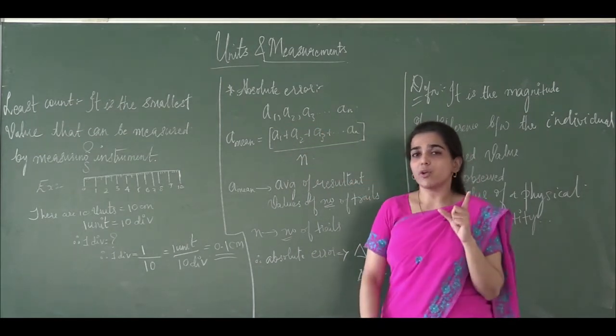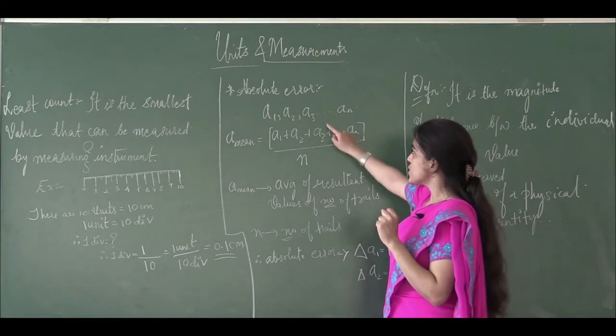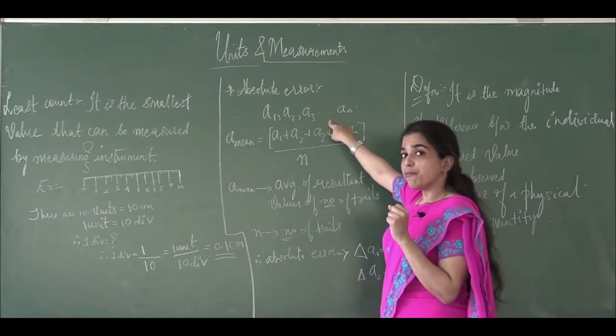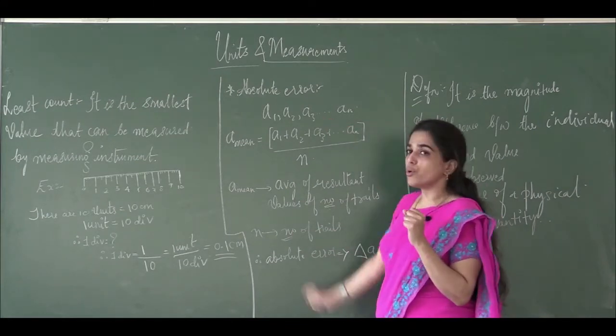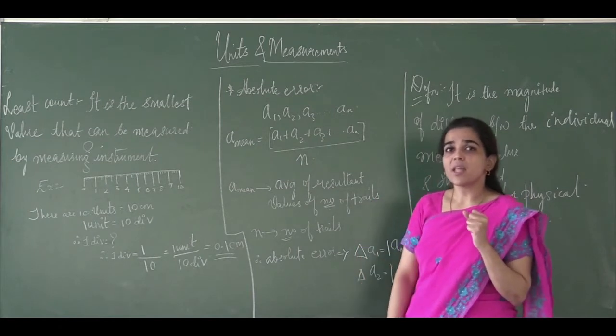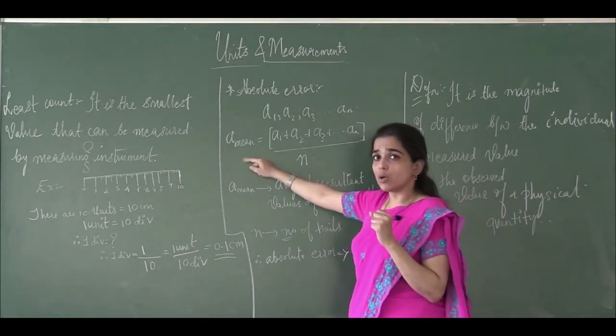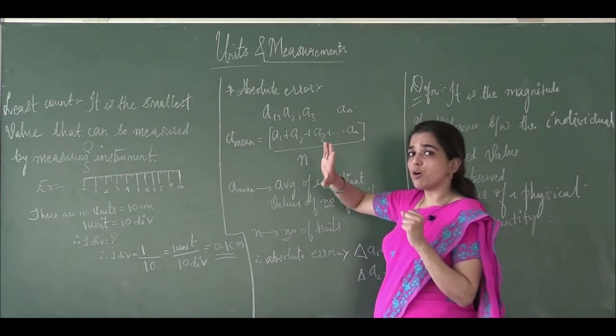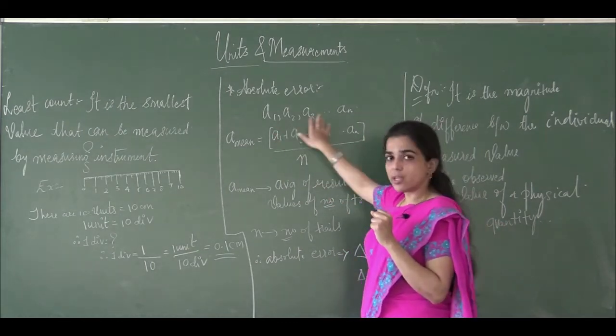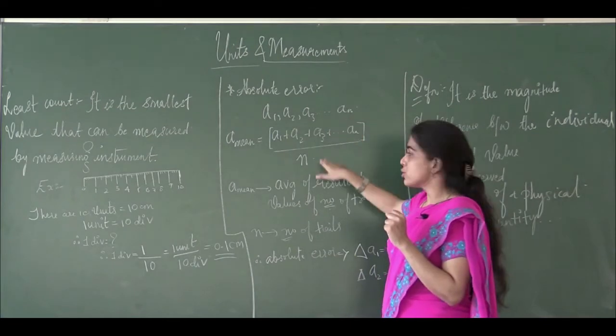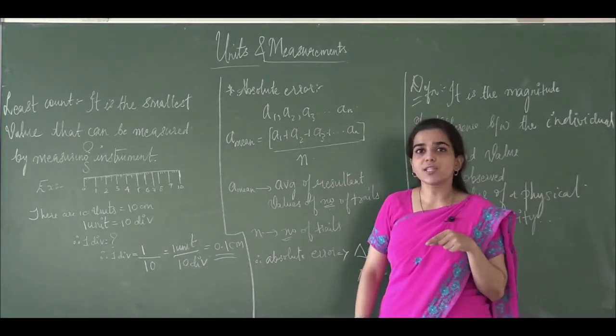In order to calculate the absolute error, first you have to take the average of these values. So how do you calculate average? The average mean is equal to the sum of all the trials you have performed divided by the number of trials you are doing.